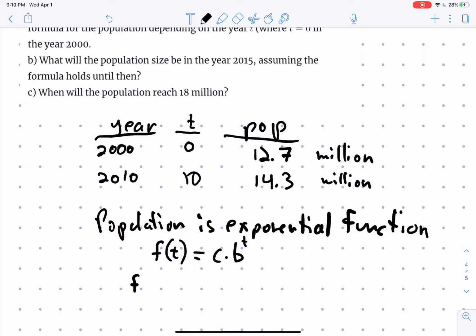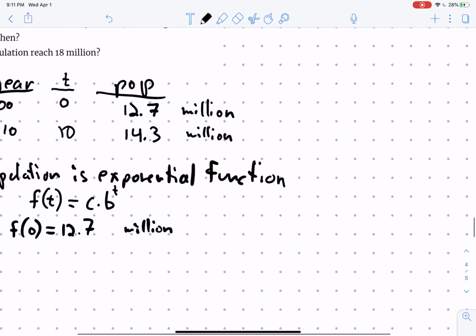And so we would write that f of 0, where t is 0, we get 12.7, and the units are millions of people. And we also are given that f of 10, that is at time equal 10 years, the population is 14.3 million.